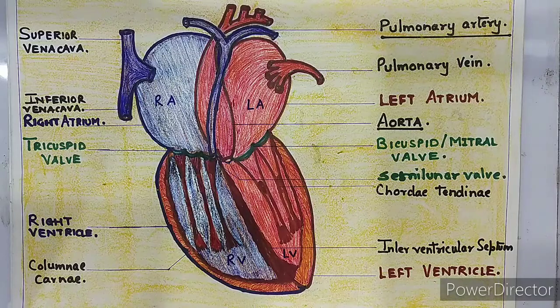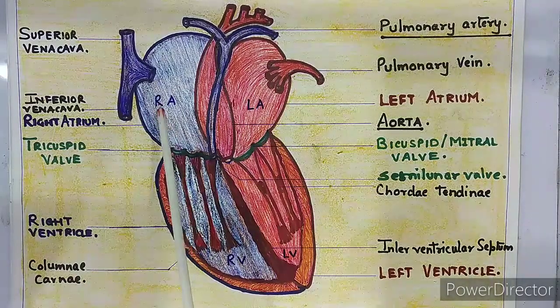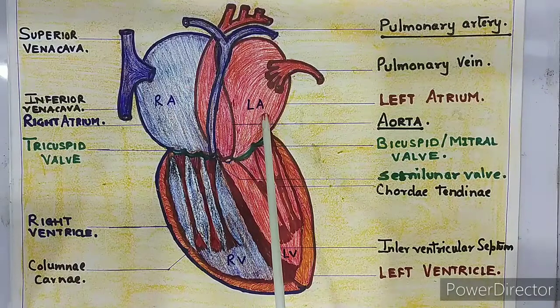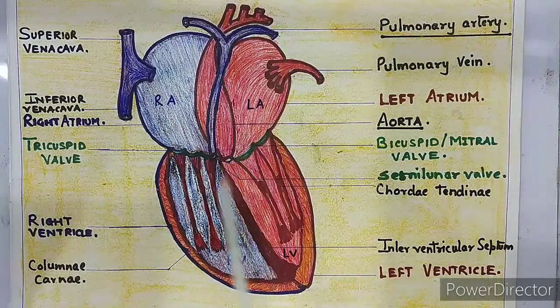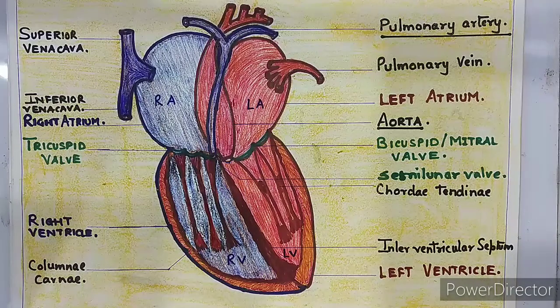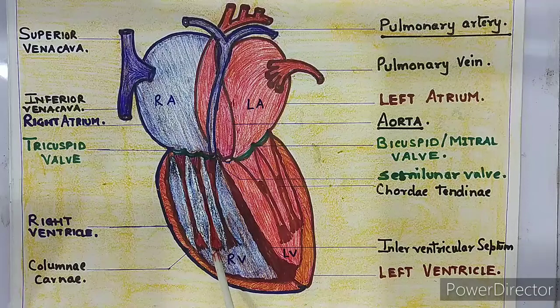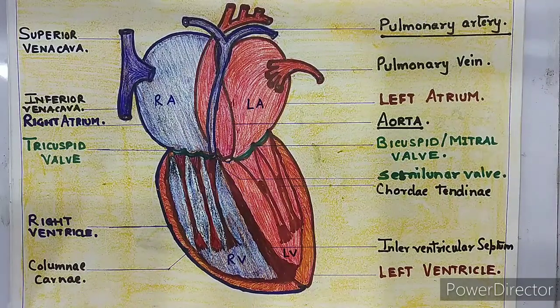Now, children, the human heart is made up of 4 chambers. The upper 2 chambers, this and this one, are called atria, or auricles. Whereas the lower 2 chambers, this one and this one, are called ventricles.